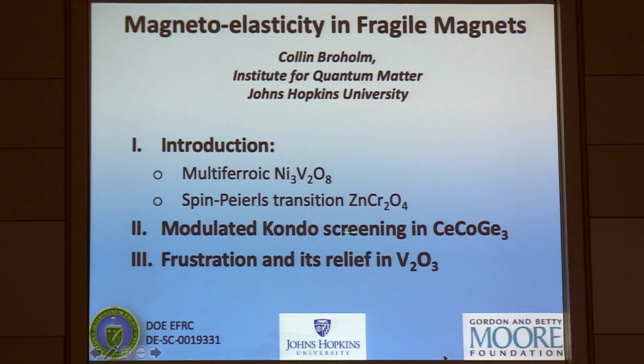The introduction is somewhat older work, which I put in to develop the concepts, and then parts 2 and 3 are actually examples of those two types of transitions that I was talking about. In one case, in cerium cobalt germanium 3, it's really a magnetic phase transition, but it involves quite an intricate form of lattice distortion that comes along with it.